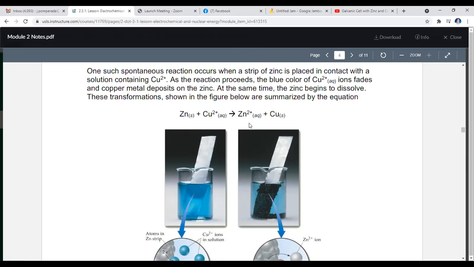And the number of electrons it loses or gives away is equivalent to the charge that you are seeing on this particular zinc cation now. So originally it's neutral, and now it became 2+. So meaning it gave away 2 electrons.